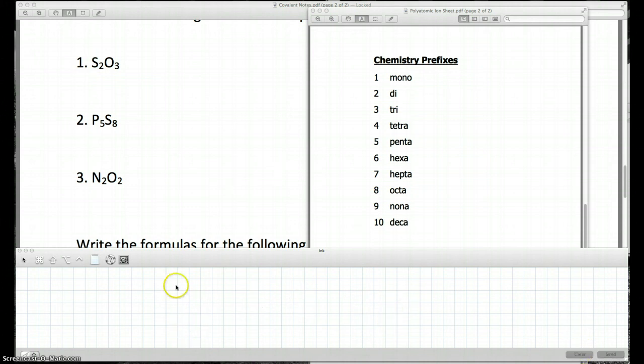Second one, P5S8. 5 phosphoruses, P is phosphorus. So 5 is penta.